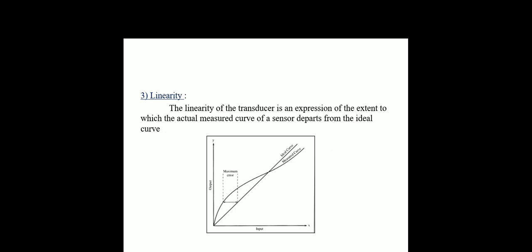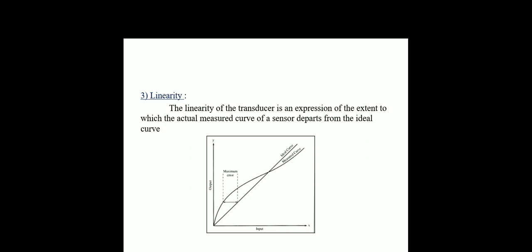Linearity means the output should be linearly proportional to the input. You can see the diagram in which there are two curves. One is the linear curve and the other is the measured curve. The ideal curve should be linear, but according to measured or practical values, the curve differs from linearity.